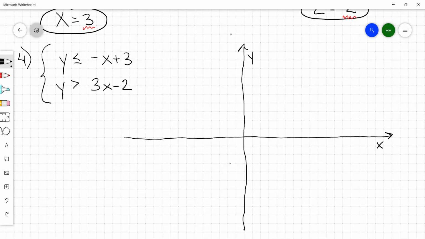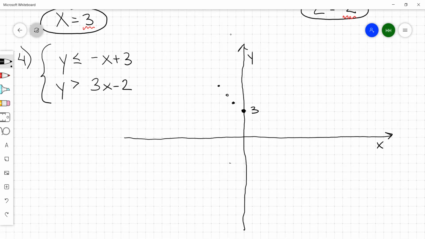They're already in slope-intercept form. So I'm going to graph the first line in black. I'm going to put a point on positive 3 on the y-axis. The slope of this line is negative 1. So I'm going to rise 1, but I'm going to run 1 to the left.